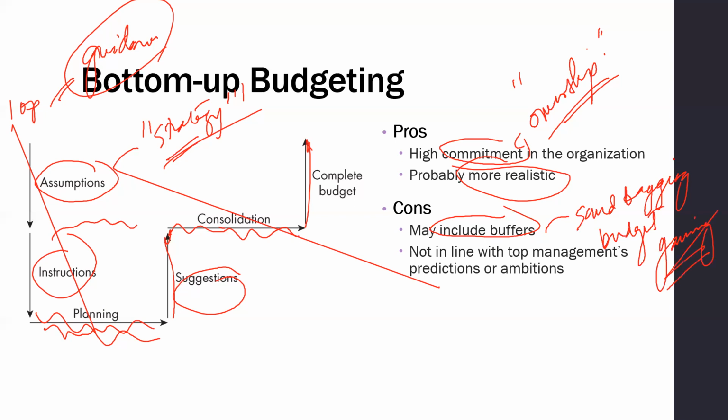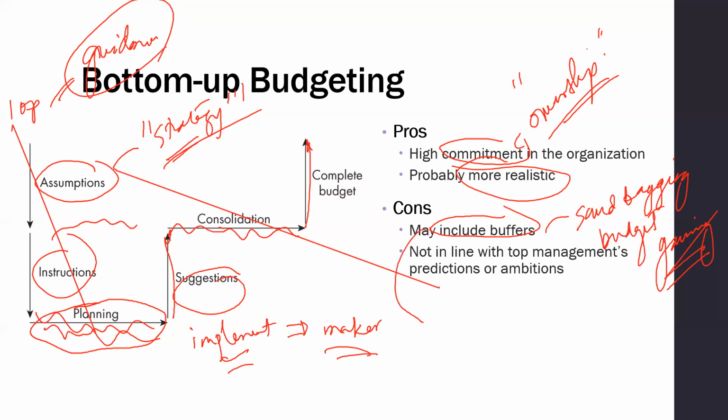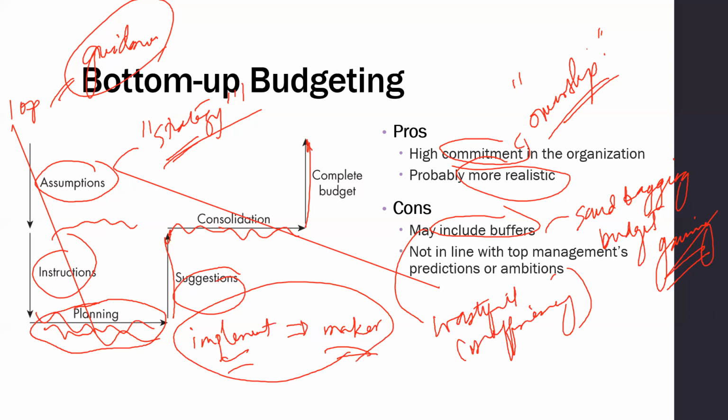Game yung budget. Okay? Siyempre, kung yung mag-implement ng strategy, ang siya ring maker ng budget, siyempre lalagyan niya ng buffer yan. Para kunyari, magkamali ako, meron tayong extra budget. So it could be wasteful, or there could be some form of inefficiency in the budget because of this conflict between the implementer and the maker.